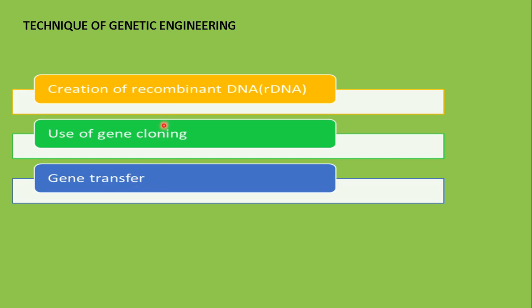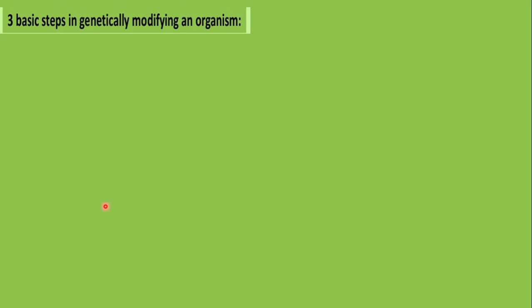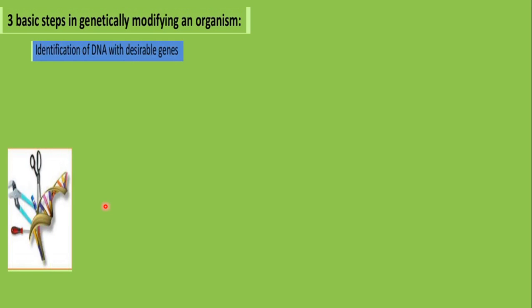Now different steps are involved in all of this, but these are the basic techniques of genetic engineering involved in biotechnology. Now the three basic steps in genetically modifying an organism. What are the three basic steps involved in modifying an organism to create a new organism? First, we have to identify a DNA with desirable genes. First, we have to recognize an organism.